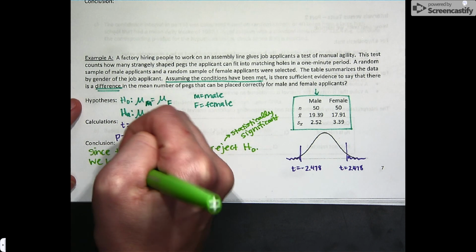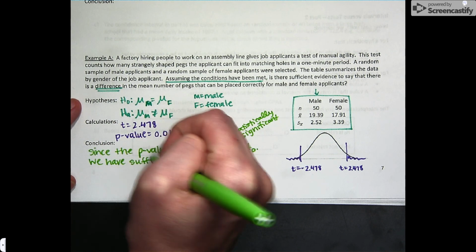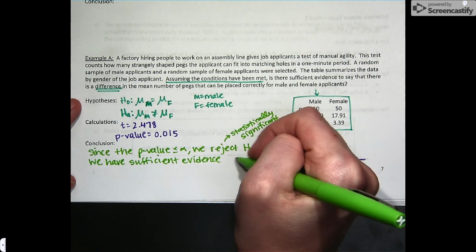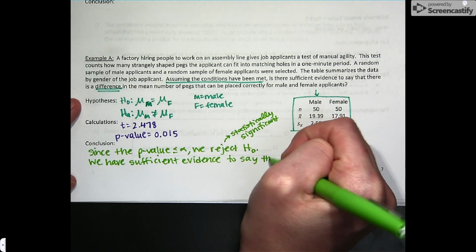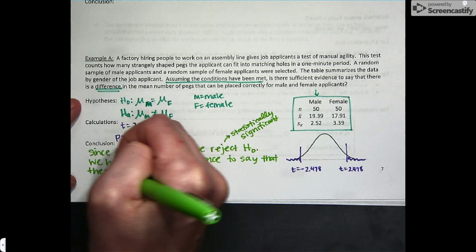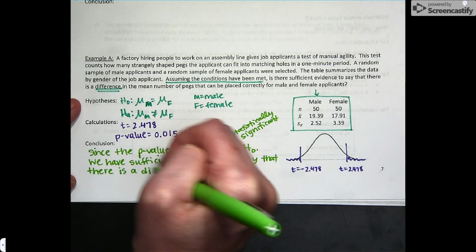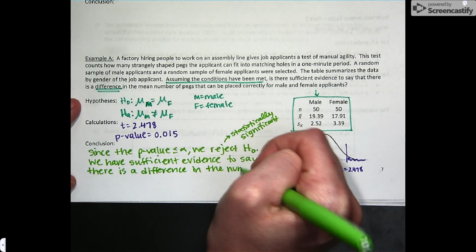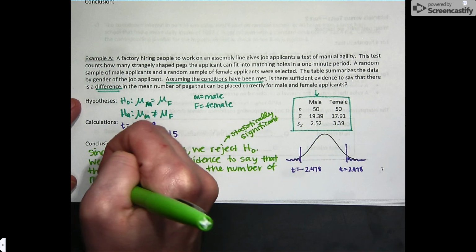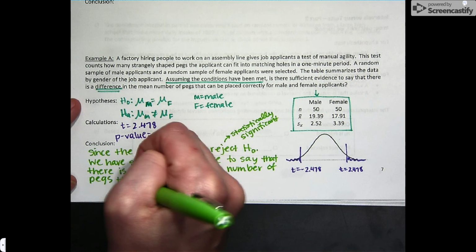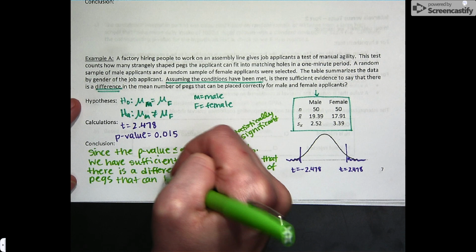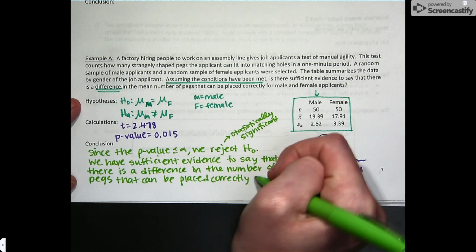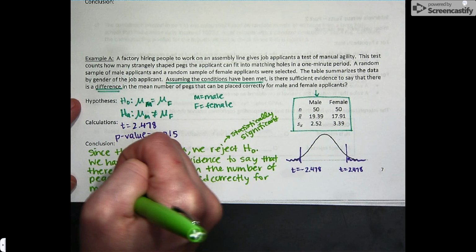So we have sufficient evidence to say that there is a difference in the mean number of pegs that can be placed correctly for male and female applicants.